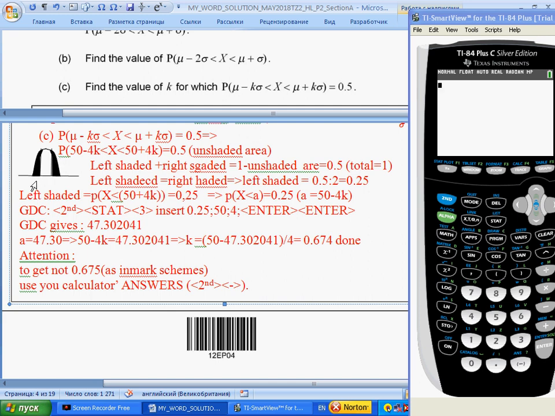So we understand that shaded regions are equal, and they equal 0.25. This is why the probability of 50 minus 4k is less than 0.25. Let's call this expression A, and let's use a graphic calculator with inverse function.